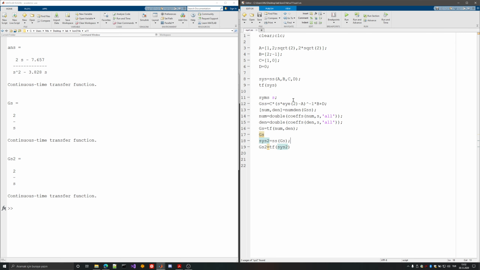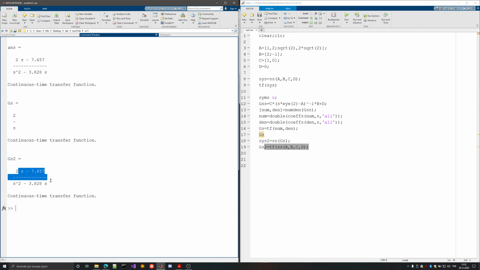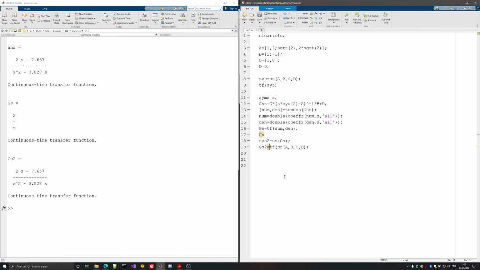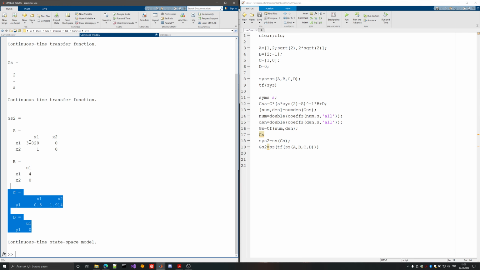Basically this line works, but if I do something like this here, if I give A, B, C, D as a state space system and then find me the transfer function, it gives me this awkward transfer function. But if I say, okay, give me back the state space realization, it will mess up because there are an infinite amount of realizations.